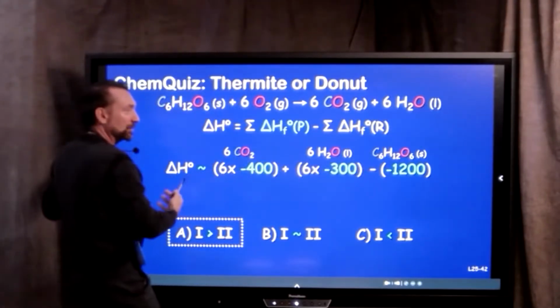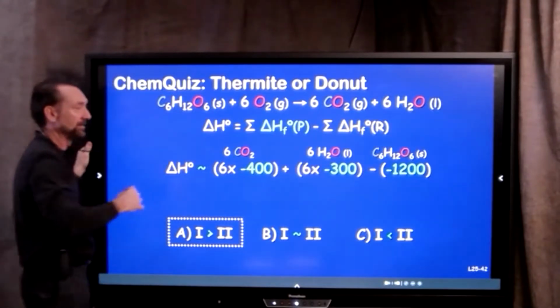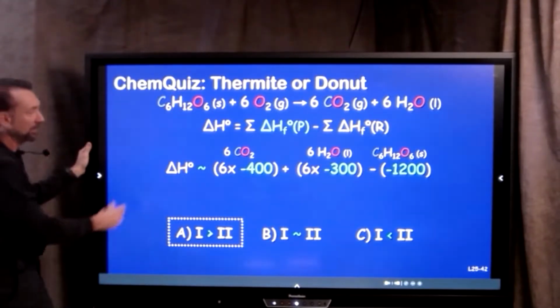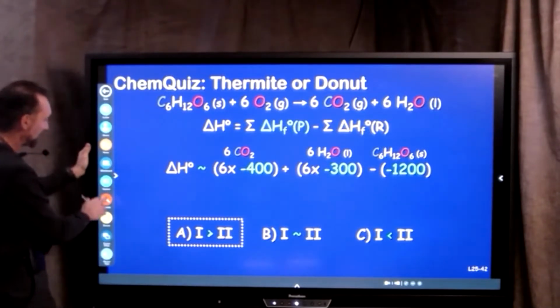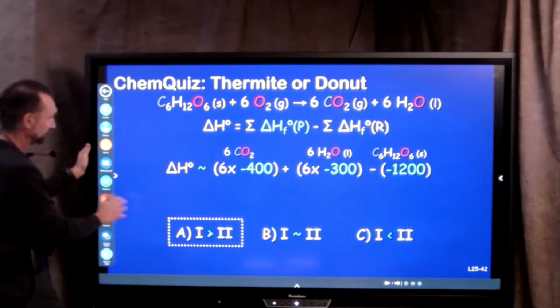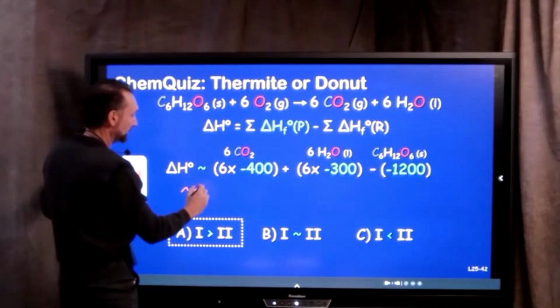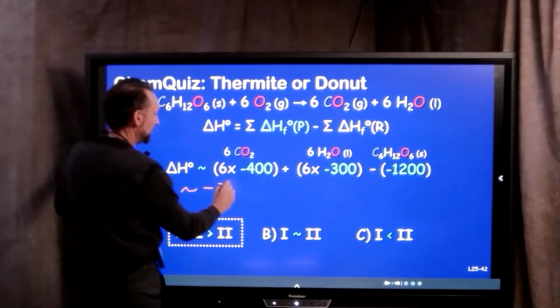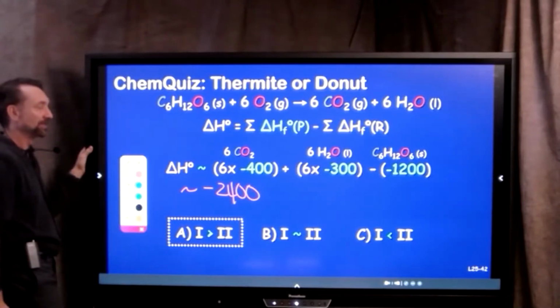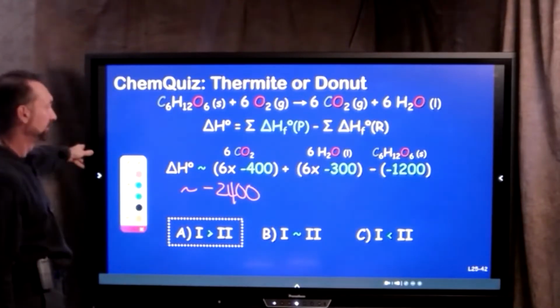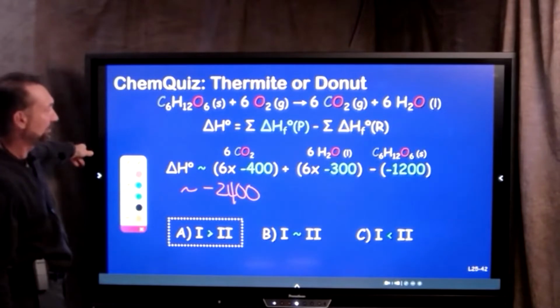So you're around 2,400 total for this, minus 2,400 total for this delta H. So just doing that roughly, this is around something like minus 2,400-ish. Am I off by a factor of 2 there?